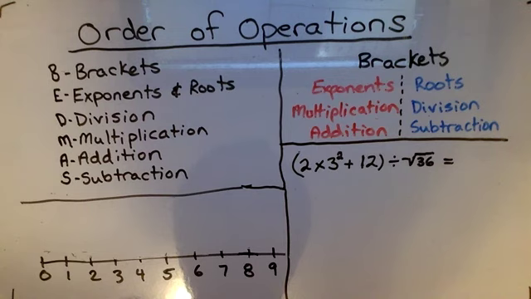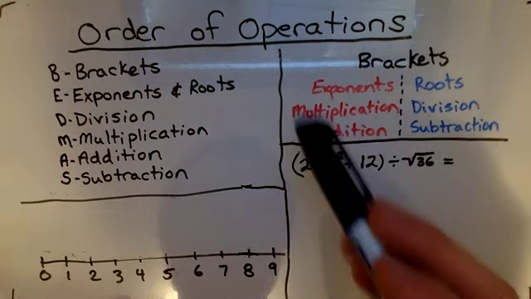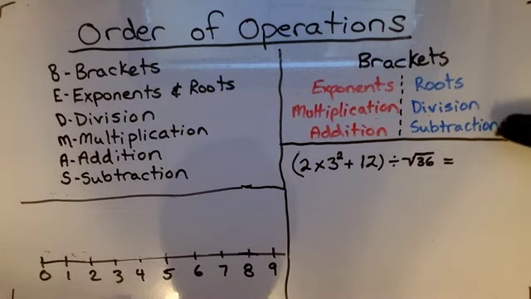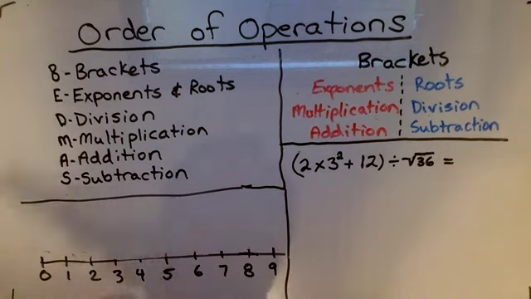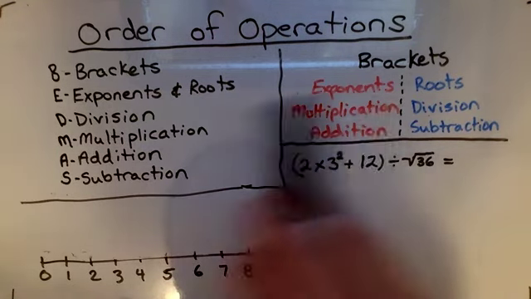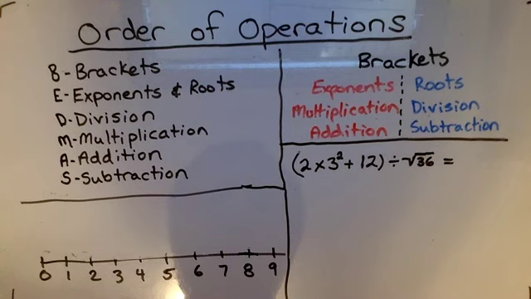The first way is an acronym called BEDMAS, and the second way is by remembering what level of operation you're doing first. So, first of all, I'll talk about the acronym. Both of these ways are perfectly good ways to remember. Whatever works better for you, please use that one.